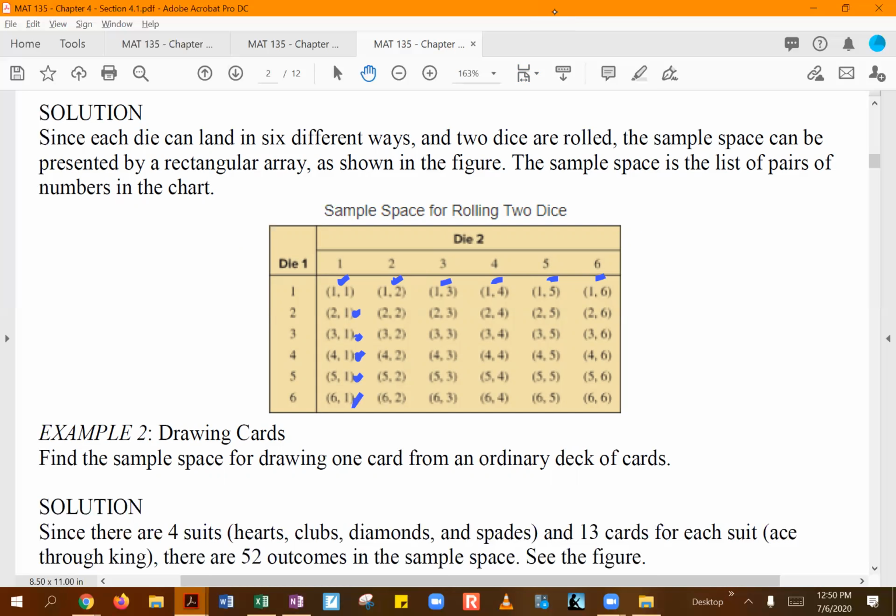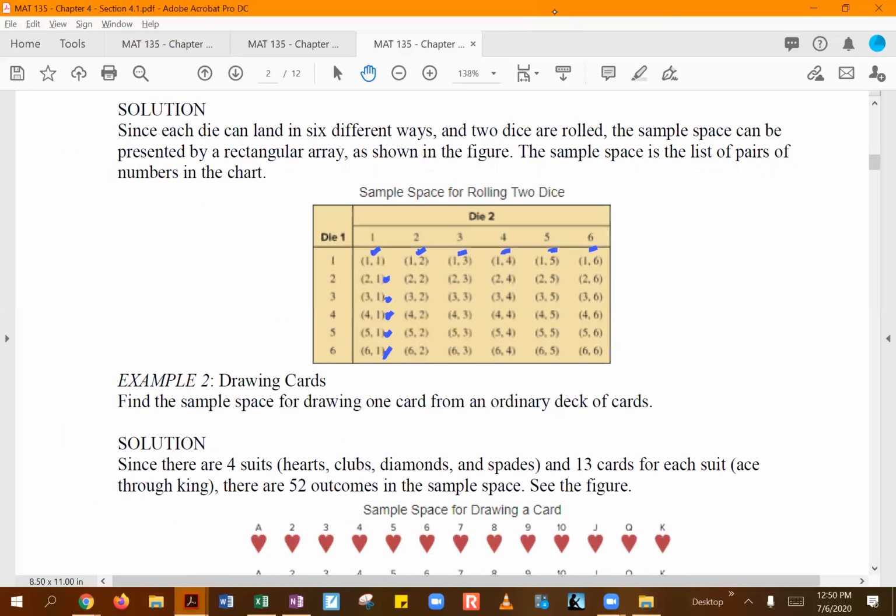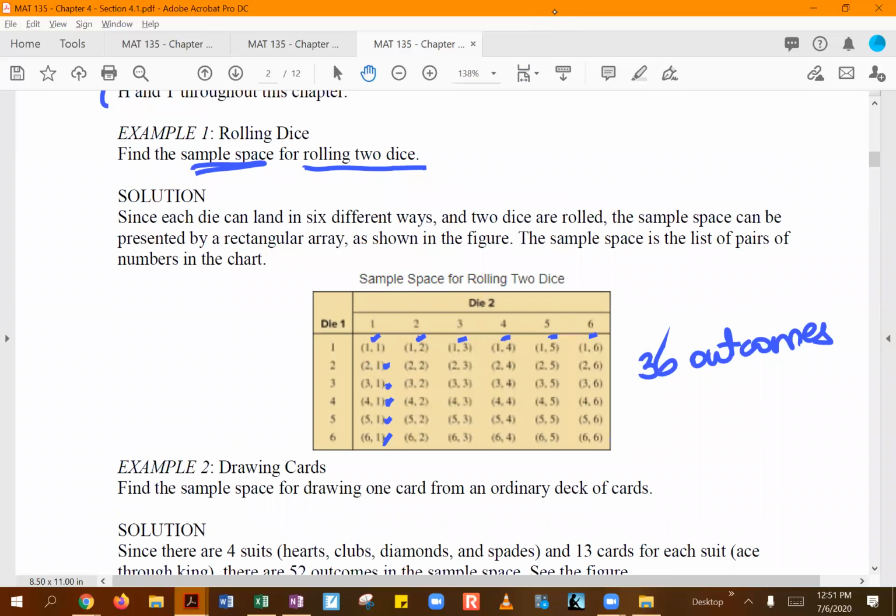And so you can see we have a total, and if you just multiply, we have 6 options on our rows, and we have 6 options on our columns. So if you do 6 times 6, you actually have a total of 36 different outcomes in this sample space, because you are now rolling 2 dice.